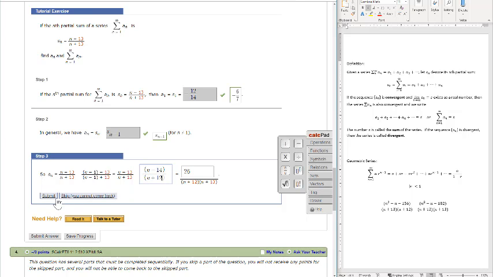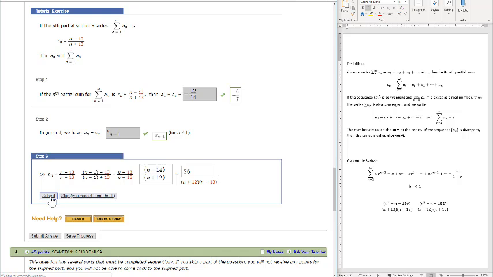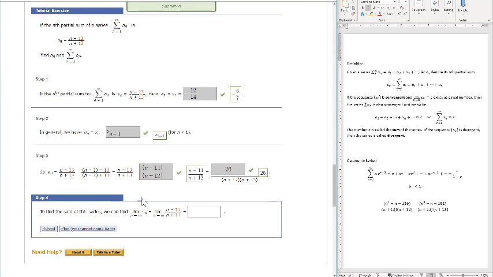All right. So hopefully we did all the arithmetic there correctly. And then now, that's the a sub n term right here: 26 divided by n plus 12 times n plus 13.